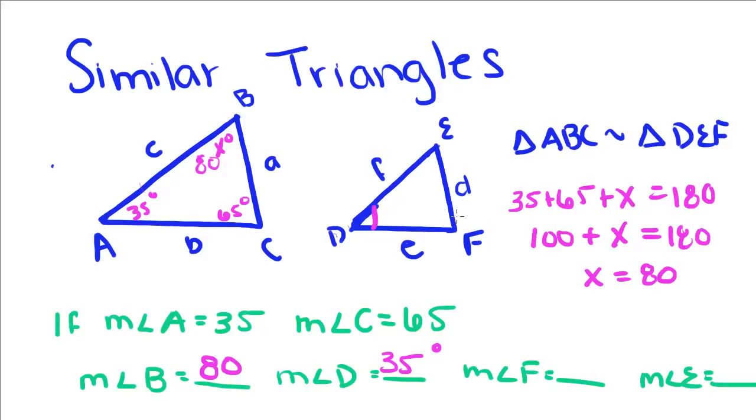Same thing goes for the measure of angle F. This angle corresponds to angle C. So since angle C is 65 degrees, the measure of angle F is also 65 degrees. And last, the measure of angle E is congruent to the measure of angle B. Since we found the measure of angle B to be 80 degrees, we know that the measure of angle E also has to be 80 degrees.